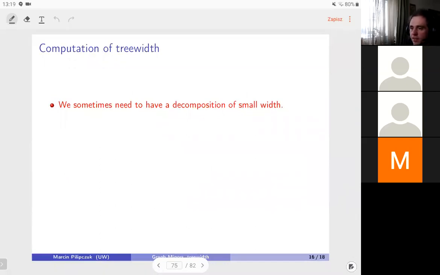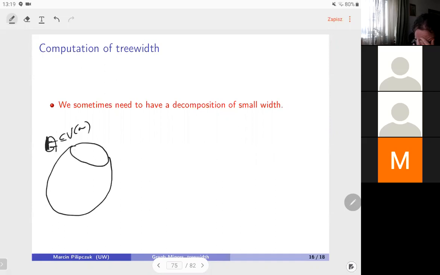So let's think in the following terms. We want some recursive algorithm that computes treewidth. I have the graph G, and the recursive step will be: I have some part of the graph G, some subset A of V of G, but I also have some set S that's the interface to the rest of the graph.